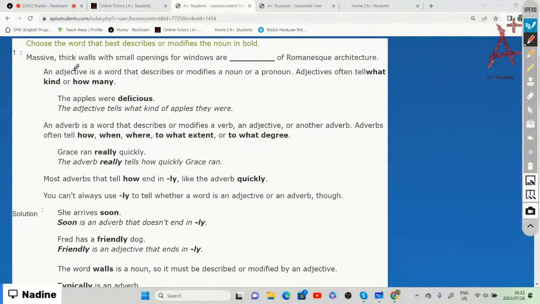Now we're going to choose the word that best describes or modifies the noun in bold. We need to identify the word that modifies the noun, which means we have to choose an adjective, because an adjective modifies or describes the noun.